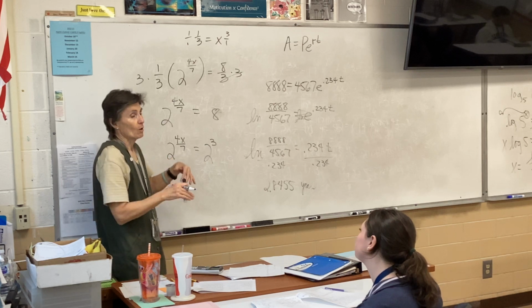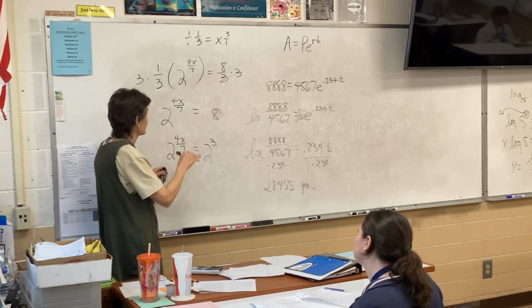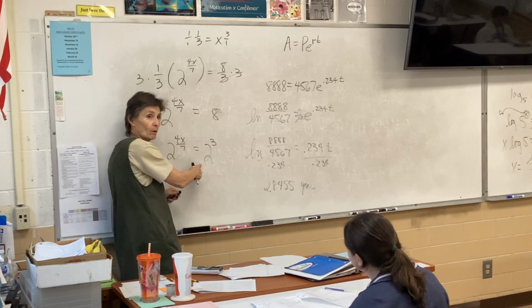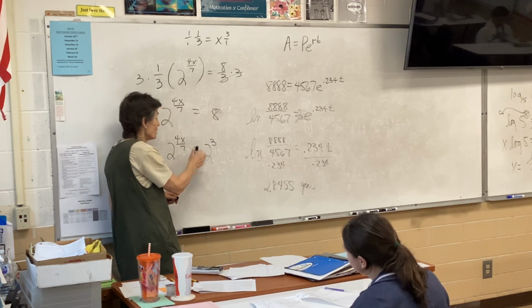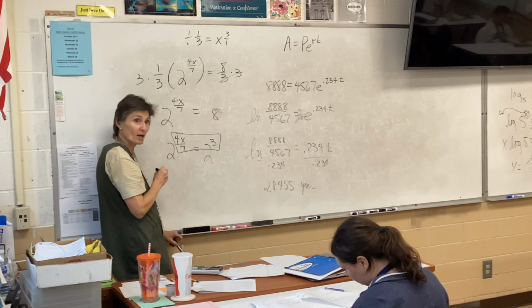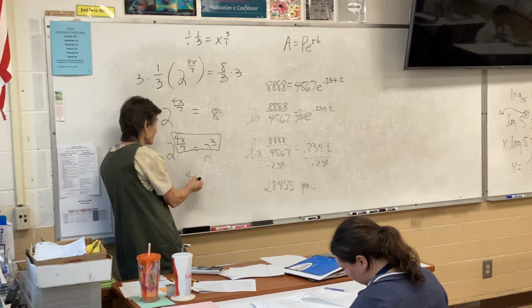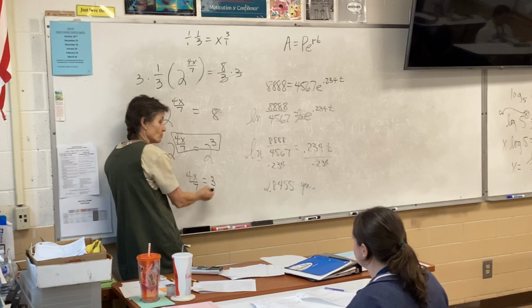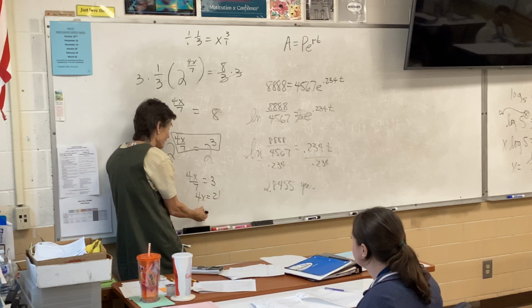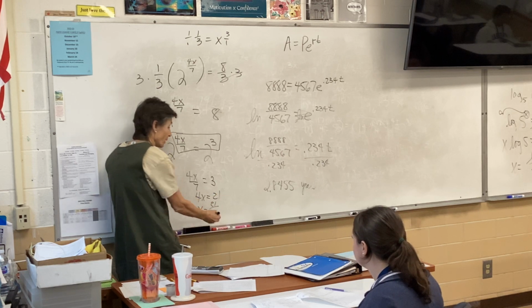If it's on the no calculator part, you're going to be able to change 8 into a power of 2 so that you can set your exponents equal to each other. So 4x over 7 equals 3. So 4x equals 21 and x equals 21/4.